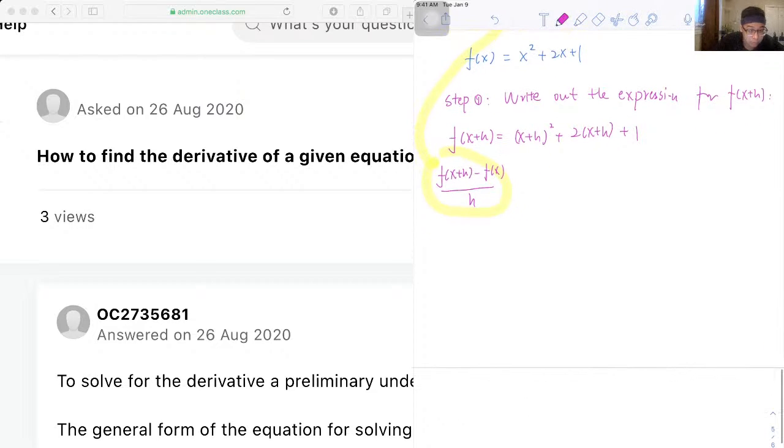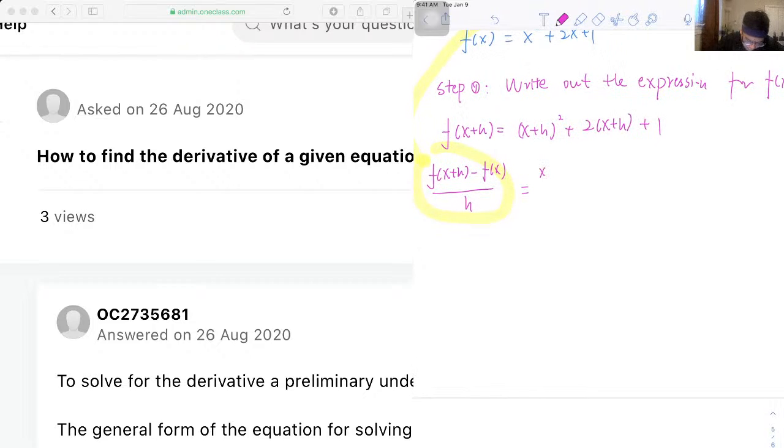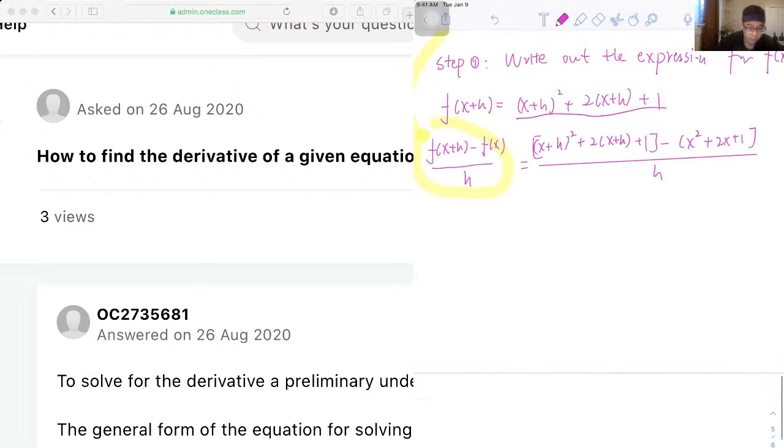And this is going to be equal to (x plus h) squared plus 2(x plus h) plus 1, which we just copy down from above. Let's put that into a bracket, minus (x squared plus 2x plus 1), over h. And then we simplify the equation.